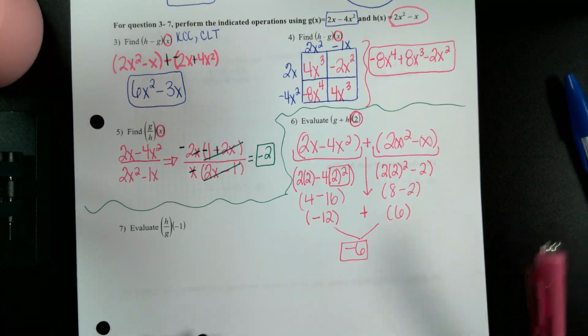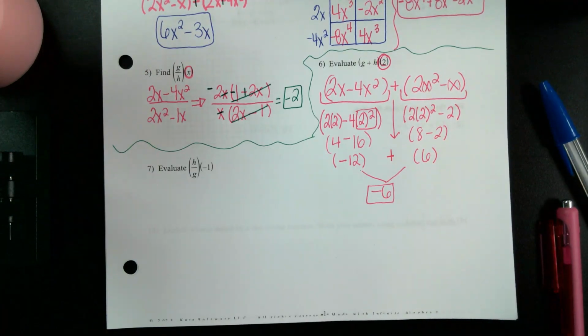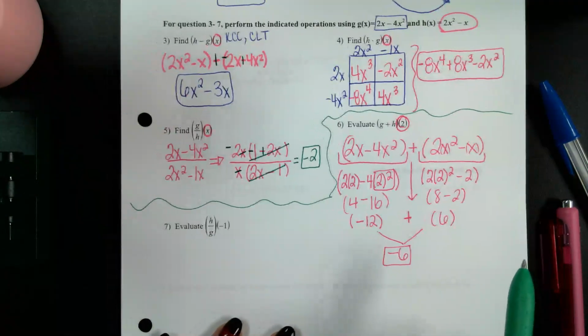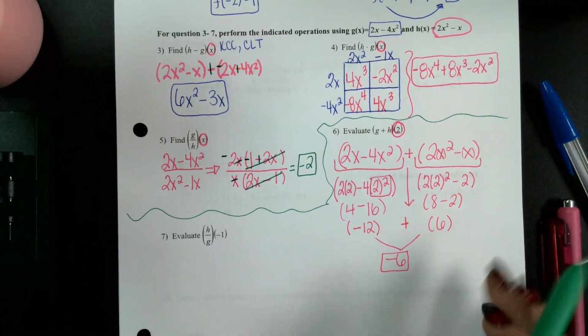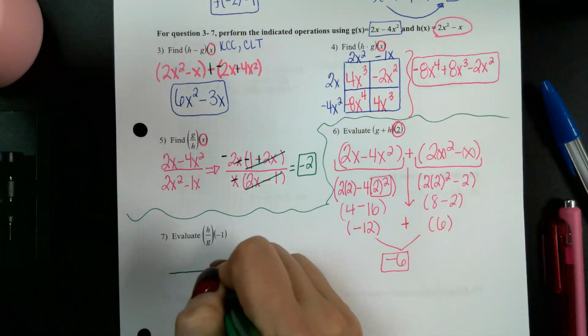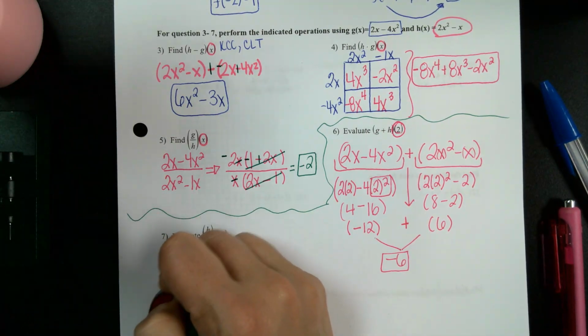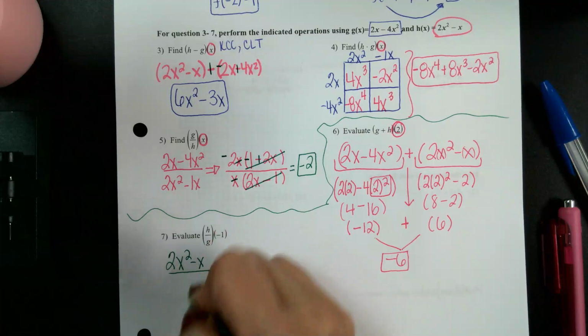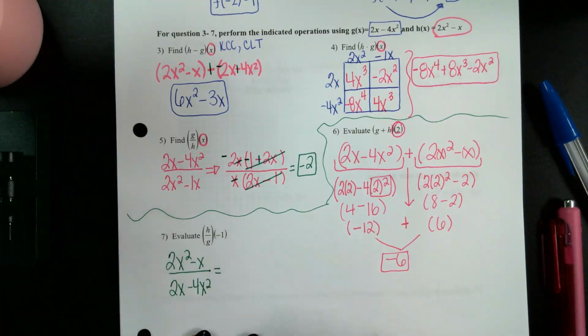And then last problem on the front, number 7. We have h divided by g this time, so it's not g divided by h, it's h divided by g. So make sure when you set it up, h goes up top, g goes on the bottom. And now what do they want me to do?